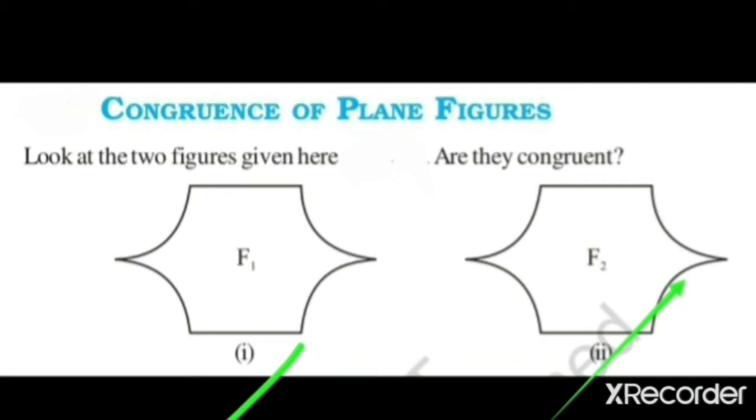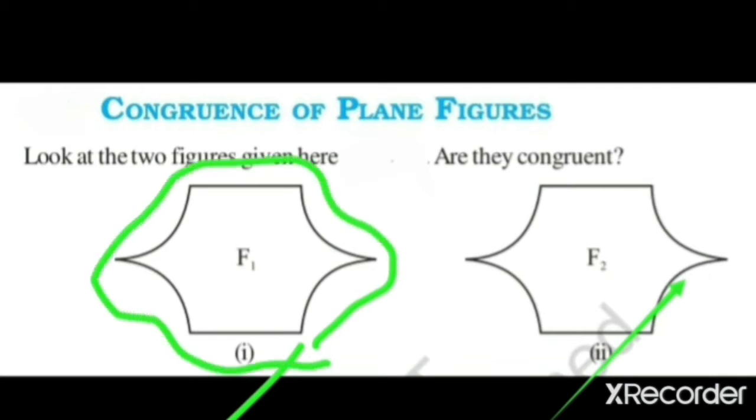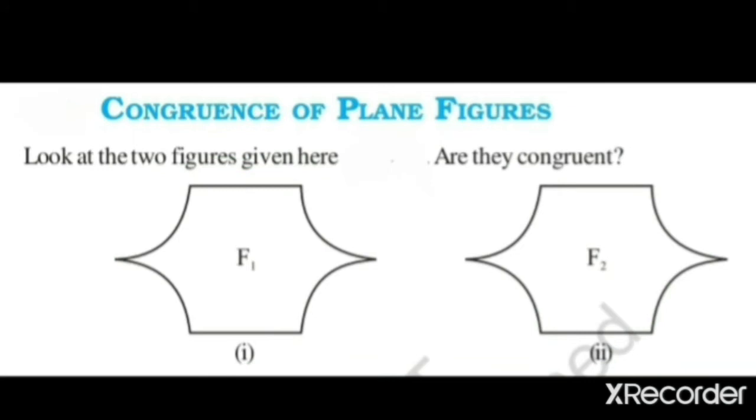If you trace these figures and place one above the other, or another method is you can cut it out. Cut this shape properly and then place F1 on F2. If F1 covers F2 completely, we can say that these figures are congruent.